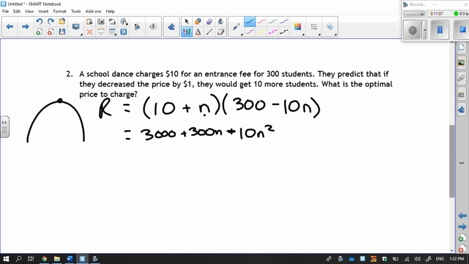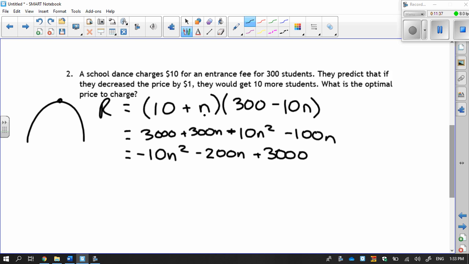No, minus 10n squared. Minus 100n. Okay. So then we get negative 10n squared minus 200n plus 3,000.